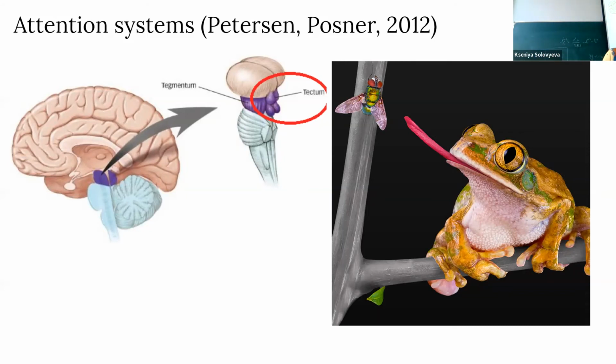And the frog, which uses the tectum, doesn't distinguish different parts of the fly. It just distinguishes that there is a fly, and immediately it grabs it. So that's the function of the tectum. And the tectum was one of the first structures in this Orient system. I mean, the orient attention system.